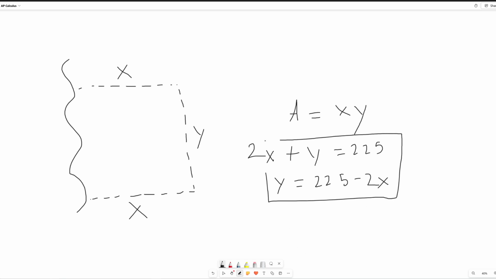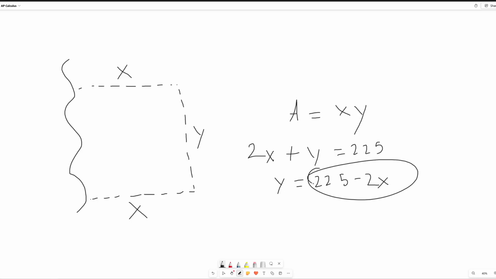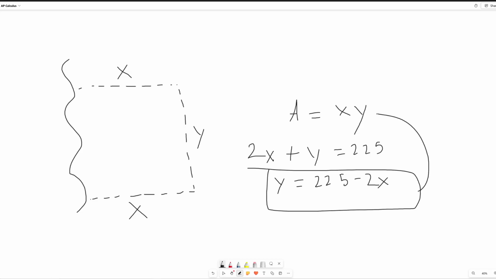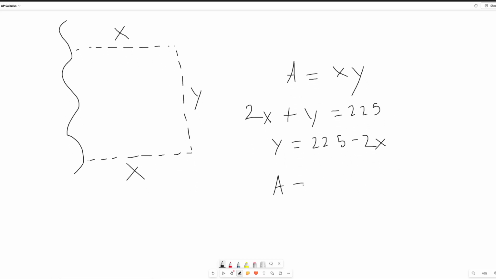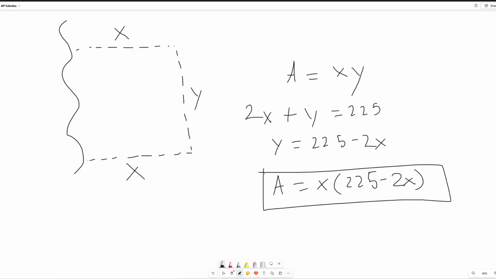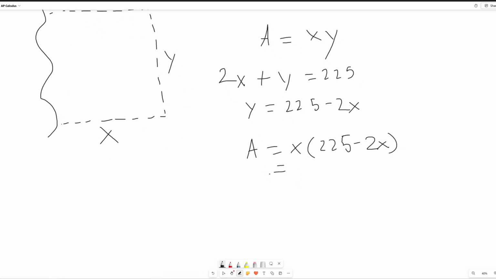So these are equivalent equations. But now we have y equals something in terms of x, and we can plug this into the y over here. And now we have A equals x times 225 minus 2x. This whole function is in terms of x. So we can multiply it out, which will make it easier to take the derivative of it.